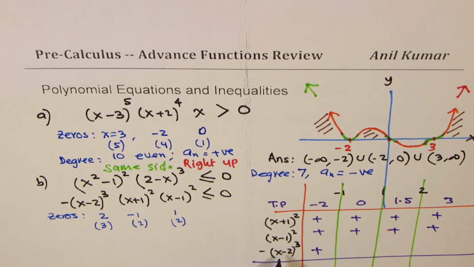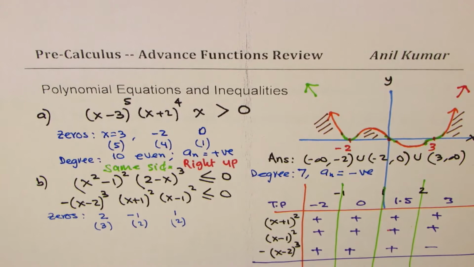Right? Substitute a value of x. Let's say now we substitute 0. Minus 2 cube is minus 8, and minus 8 and minus makes it positive. Do you see that? So that is it. And if it is less than 2, then it is going to be negative inside, outside negative makes it positive, and here it is going to be negative.